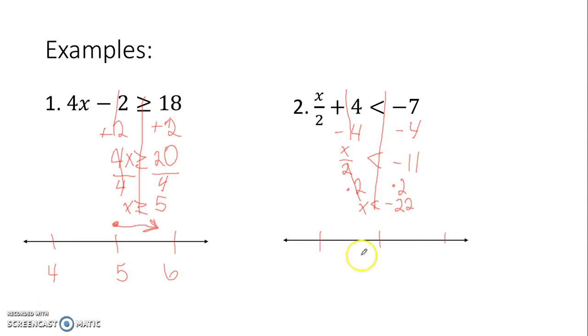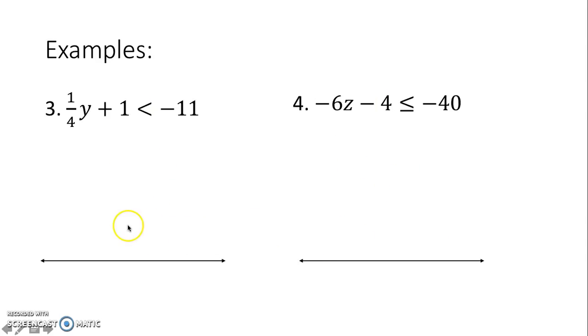Let's graph our points. Negative 22 goes in the middle. Negative 23 goes to the left. Negative 21 goes to the right. It's going to be an open dot because it's a less than sign. And x is less than negative 22, less than goes left. So we're drawing the arrow to the left.